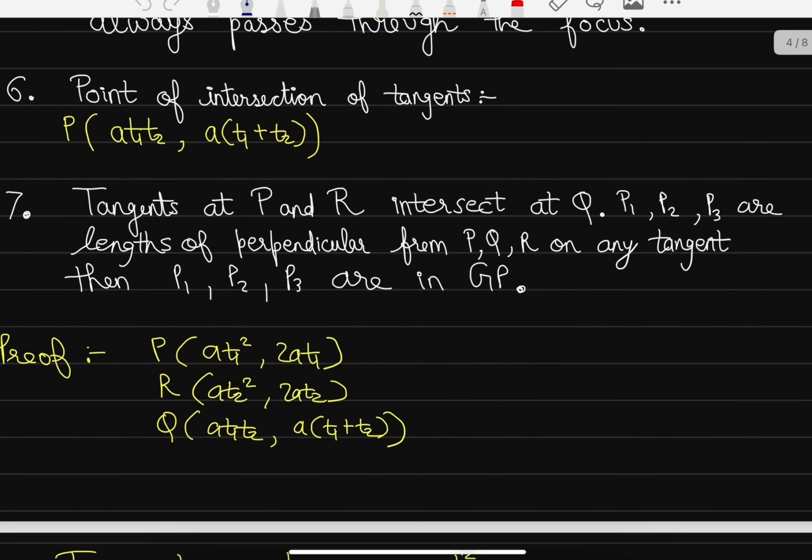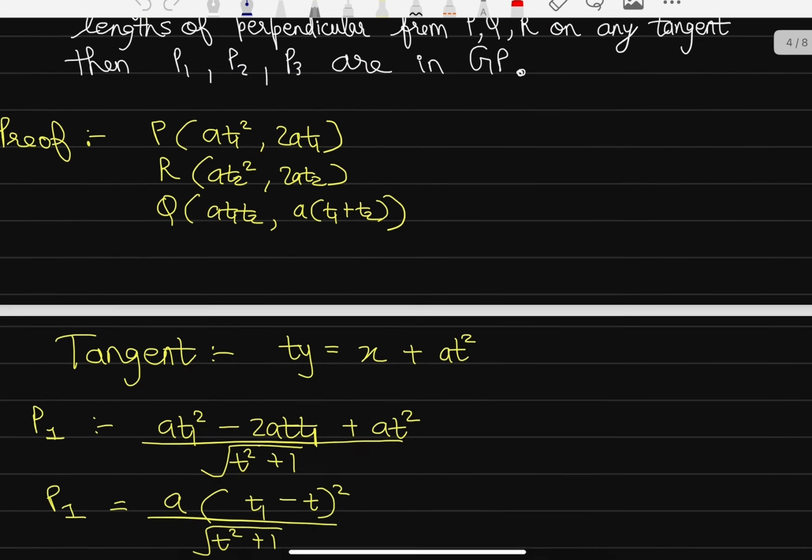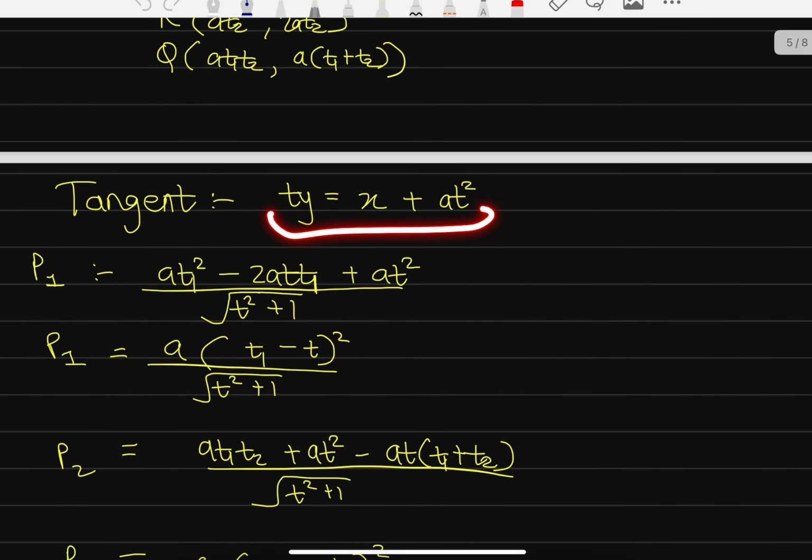Next, tangents at P and R intersect at Q. So P, R and Q, as we discussed. If P1, P2, P3 are the lengths of perpendiculars from P, Q, R on any tangent, then P1, P2, P3 are in GP. To prove this, just write the tangent's equation, and use the formula for perpendicular distance: put the point on the line.